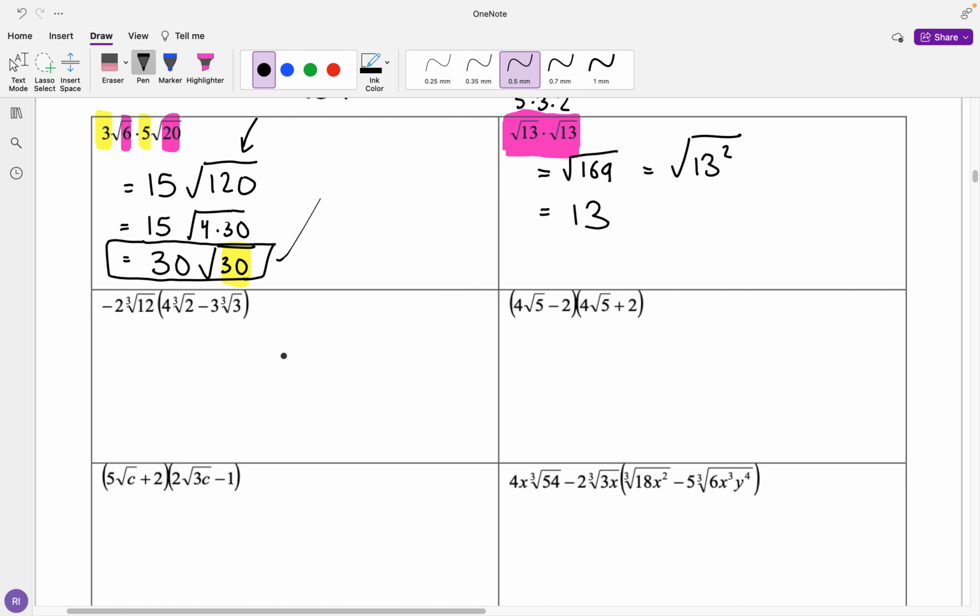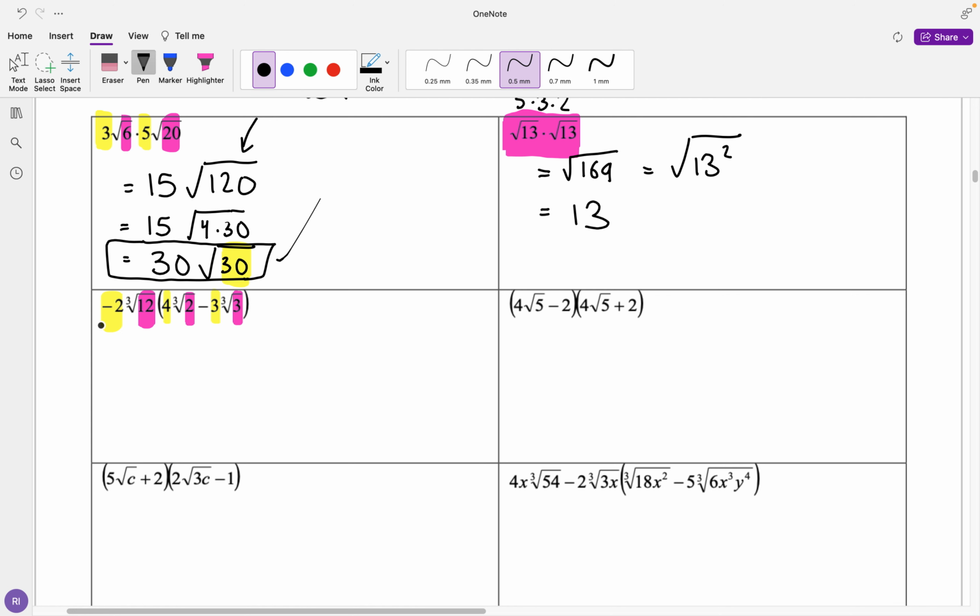So I want to jump to, I guess I don't want to jump too far forward. I'll use a highlighter just to keep the outside coefficients and the radicands separate.